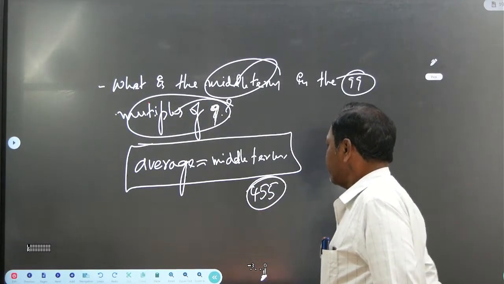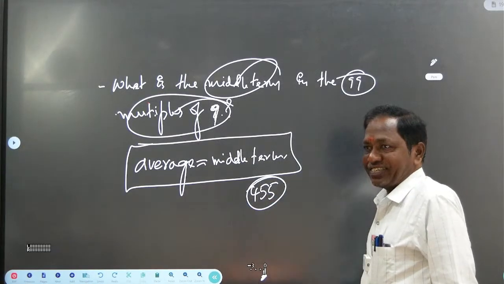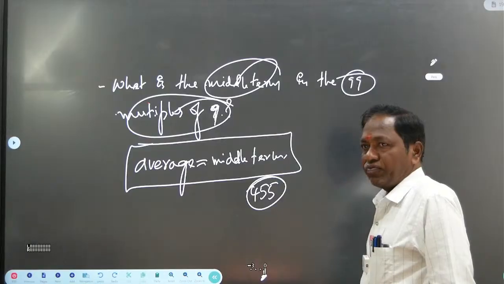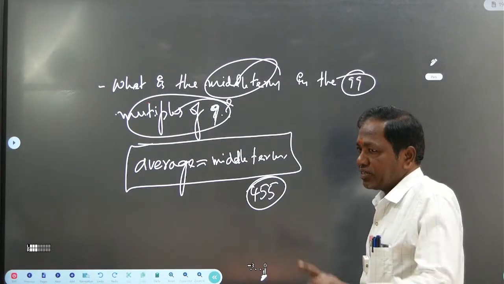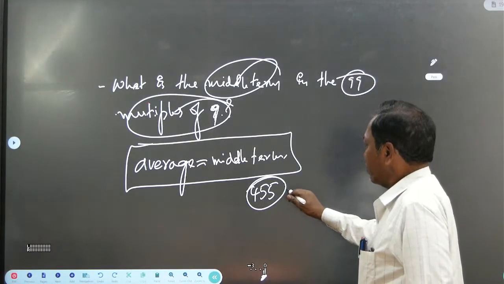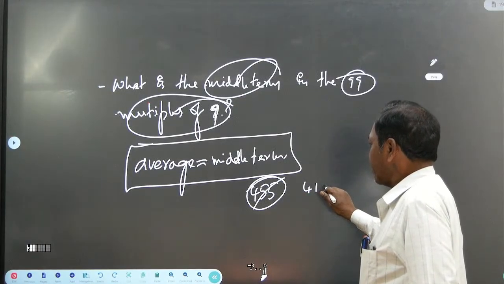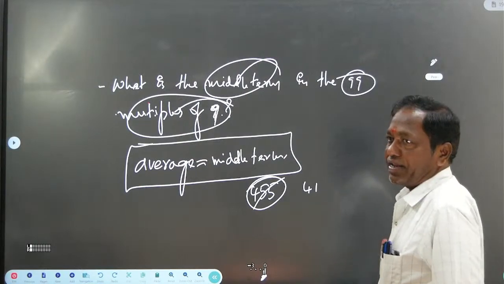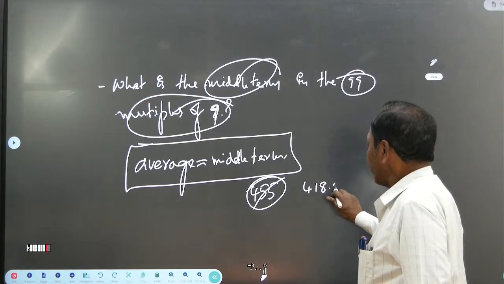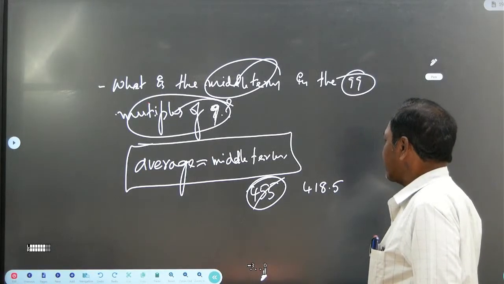455. You can check whether the number is a multiple of 9 or not. Sum of the digits, like 3 and 9, is the same rule. 4 plus 5, 9. 9 plus 5, 14. But it is not a multiple of 9. Somewhere it is wrong. So 418.5. 4 plus 1, 5. 5 plus 8, 13.